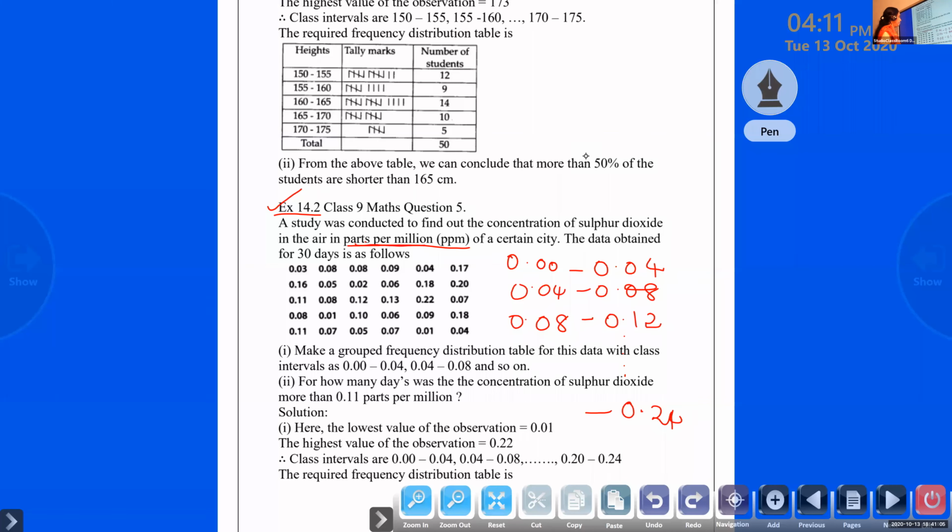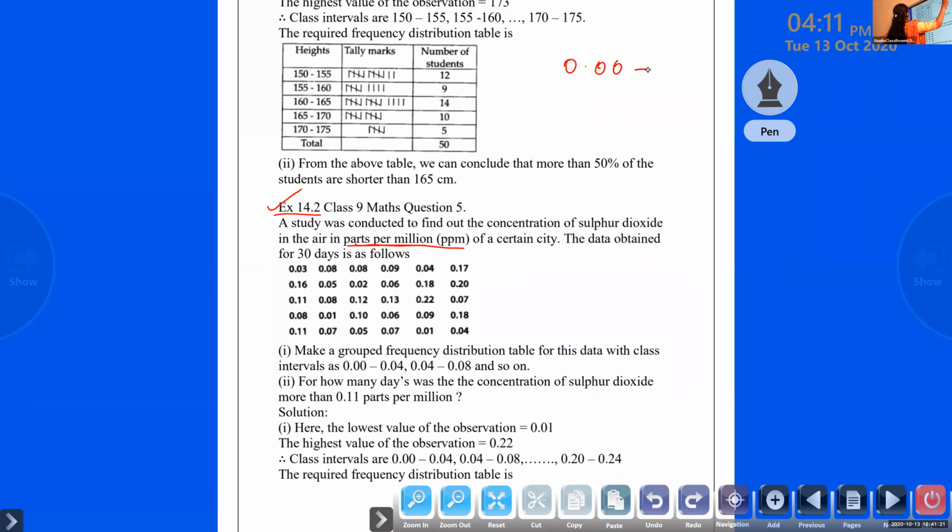Okay, children. The classes are 0.00 to 0.04, 0.04 to 0.08, 0.08 to 0.10, 0.10 to 0.12, 0.12 onwards.